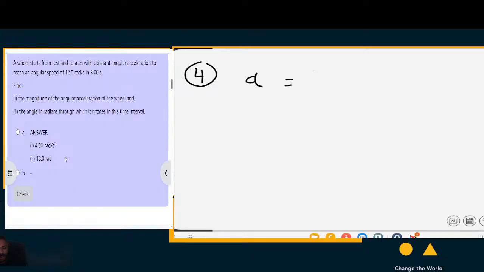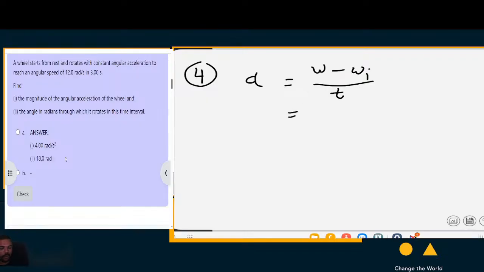It's equal to angular speed final minus angular speed initial over time.